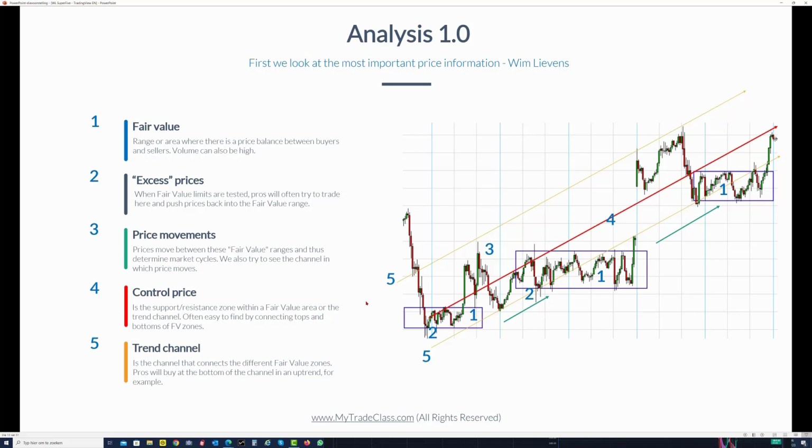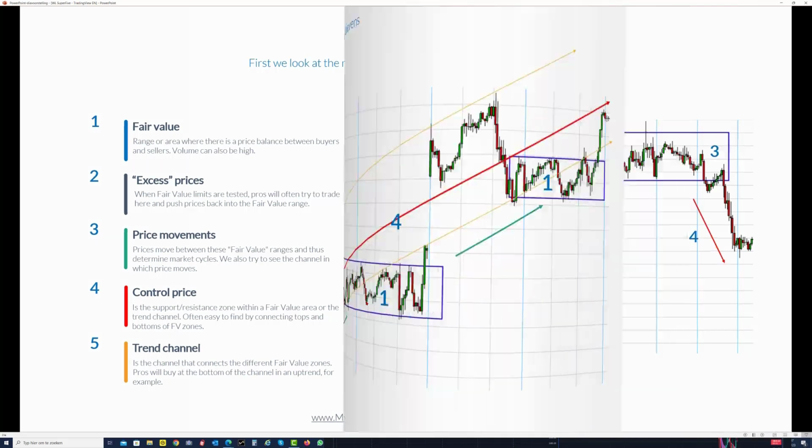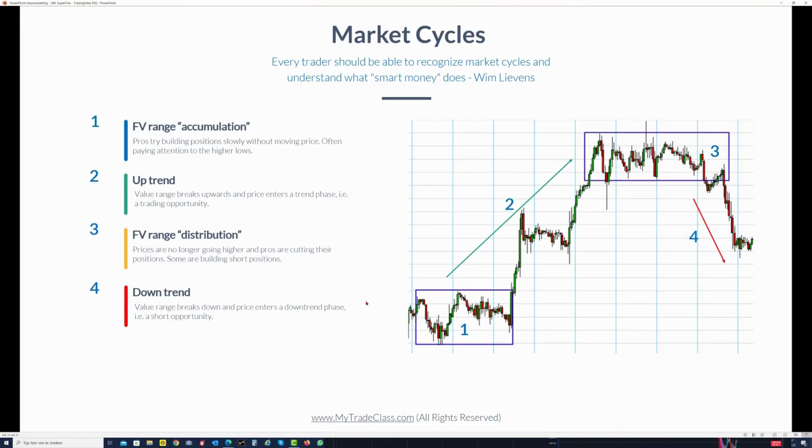Now, the analysis, just giving you a few ideas. We use trend channels, we use control prices, we use the fair value areas, we use excess prices. These are things we look at. You can also do this very simple and straightforward and say, okay, I want to look at market cycles first, and everybody knows this: uptrends, downtrends, the accumulation phase or distribution phase.